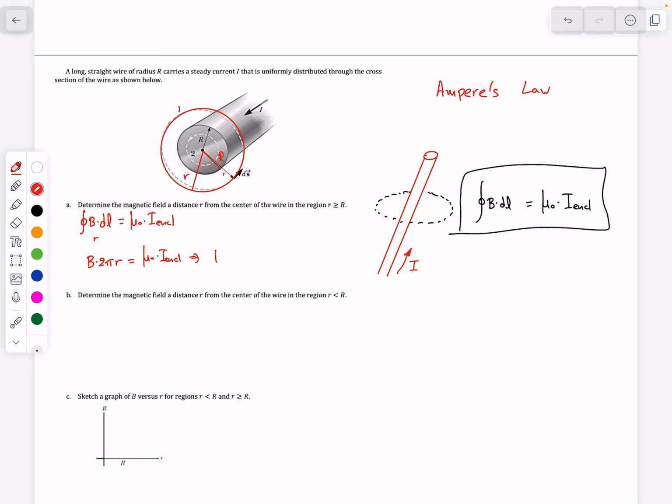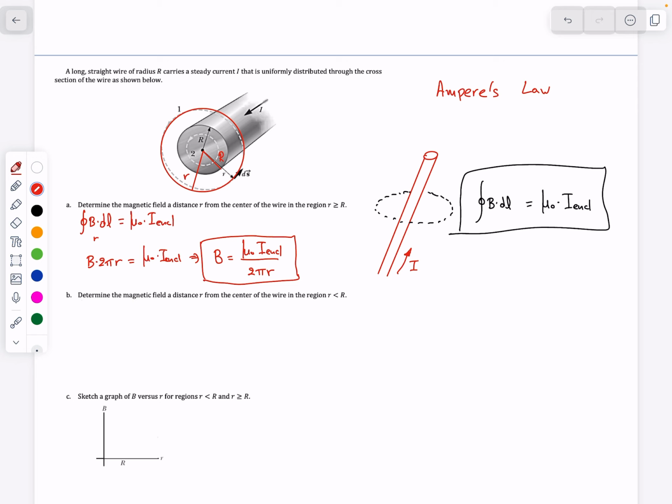From this, the magnetic field at a distance r away from the center of the wire is mu multiplied by the current enclosed divided by 2 pi r, which is very similar to the magnetic field around a long straight wire, the law that we already know.